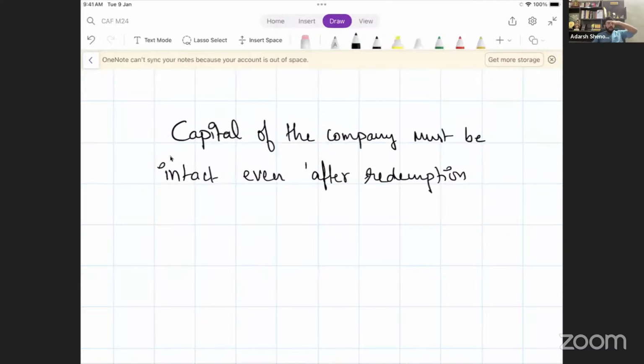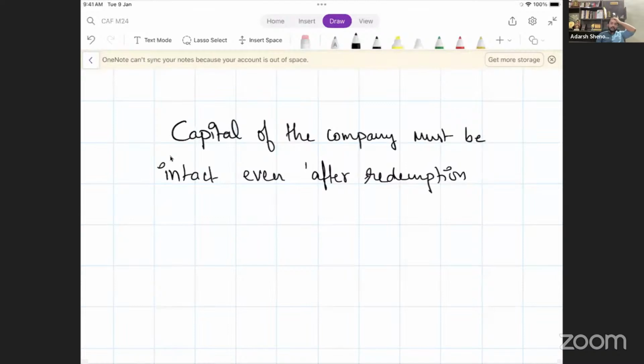Capital of the company must be intact even after redemption. What does this mean? This is the gist of Section 55. Section 55 is trying to ensure this.